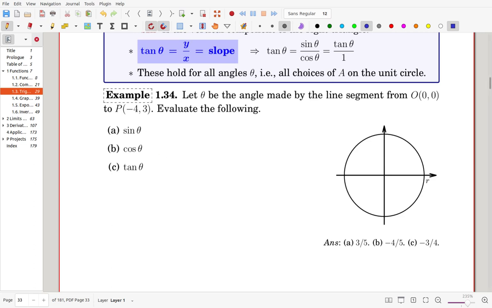Then to measure r, by using the Pythagorean theorem, r is the square root of minus 4 squared plus 3 squared. So it is the square root of 16 plus 9, which is 25, so r is 5. And the point is here, x is minus 4 and y is 3.